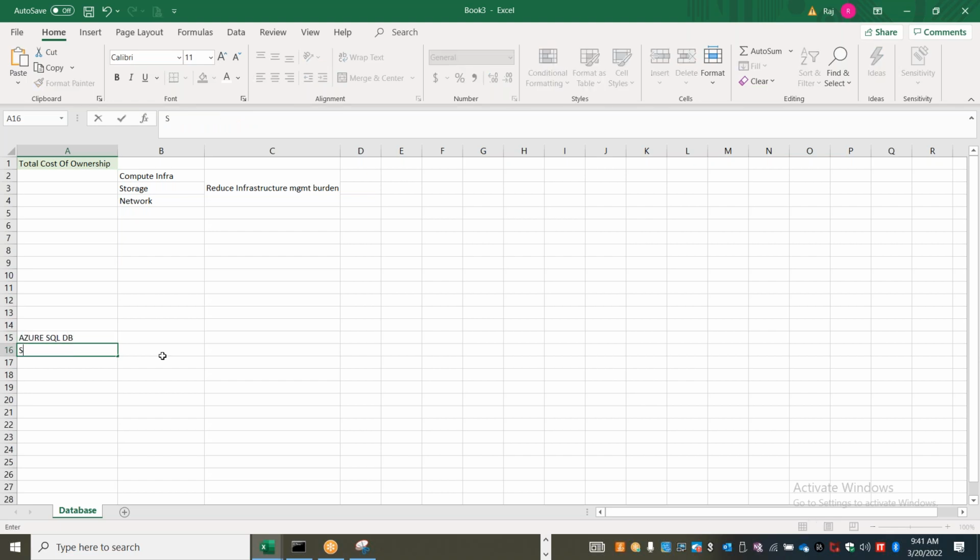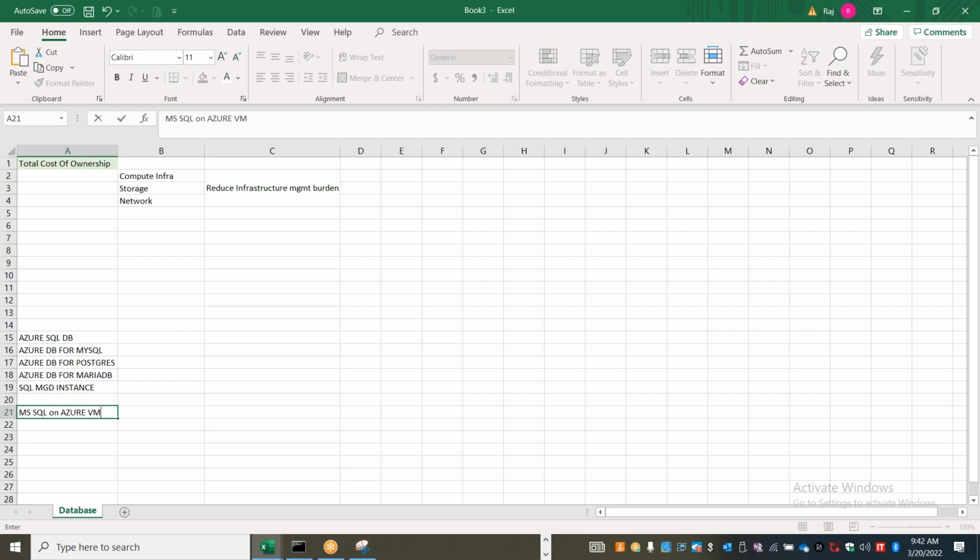They provide Azure SQL DB, Azure DB for MySQL, Azure DB for Postgres, MariaDB, and SQL Managed Instance. Also, you can have MS SQL on your Azure VM.